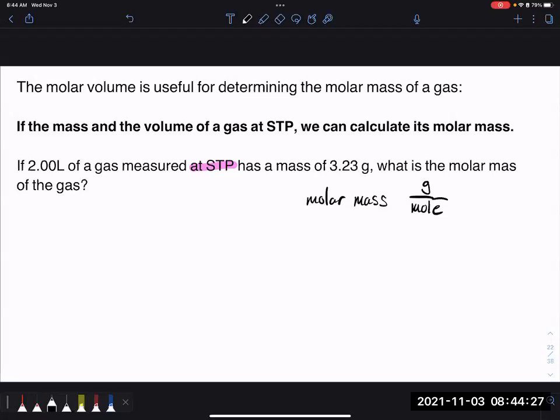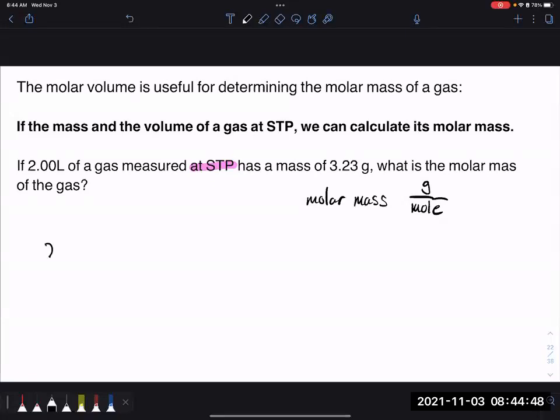So we don't even need an equation here. If you can remember what the units of these things are, you can usually calculate them, unless there's a constant involved, and we'll get to the constants. One example of a constant would be heat capacity, which we covered already. There's also the ideal gas law constant.